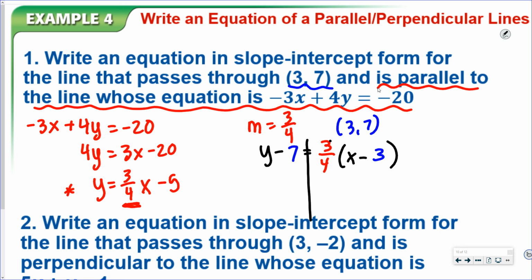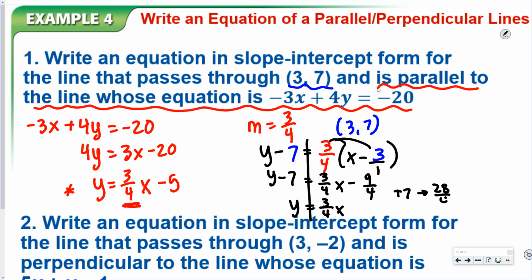Go ahead, put this in slope-intercept form. 3/4 times 3/1 is 9/4. -9/4 in this case. Add over 7. Plus 7, you can think of as 28/4. So 28 minus 9 would be 19/4.